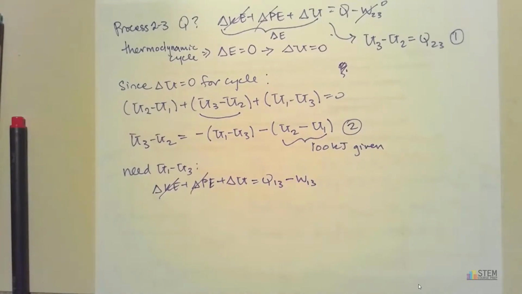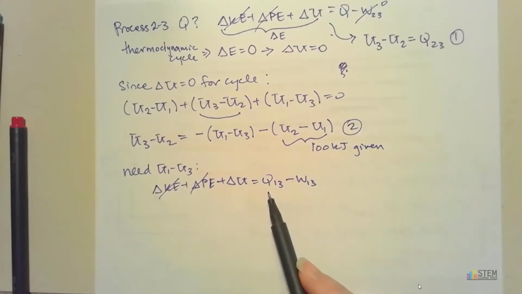It told us to ignore those, so that's great. Now what else can we do with this equation? We've got delta U for 1, 3, and then we've got work of 1, 3, which we found earlier. That's no issue. But what about this Q? We don't know what that Q is, right? Do we know how we could find that? Do we need to find that?